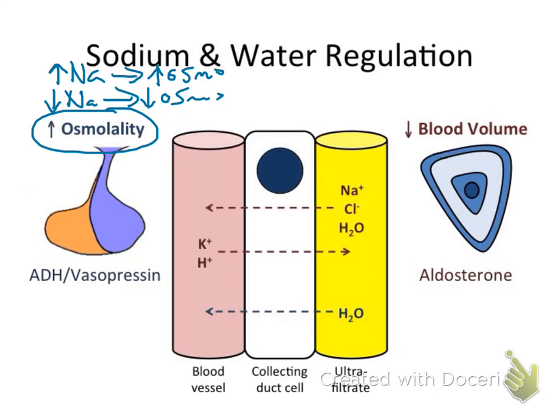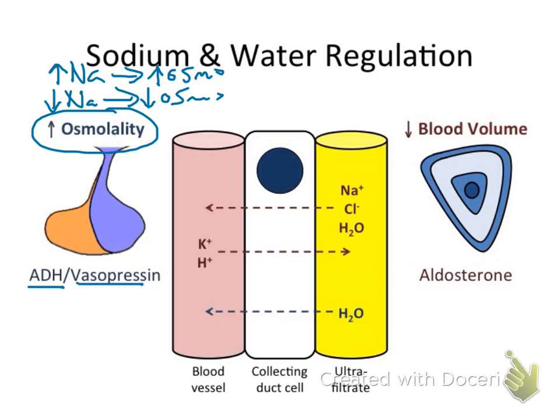Hyperosmolality results in various physiologic responses, including stimulation of the thirst center in the brain to intake more water, and it also causes the release of a hormone called antidiuretic hormone, or ADH. This is also known as vasopressin, and this hormone is released from the pituitary.